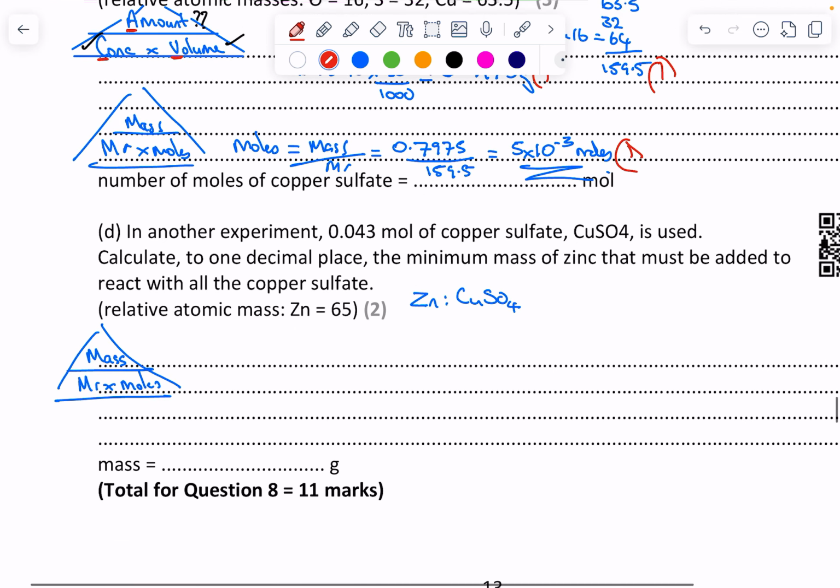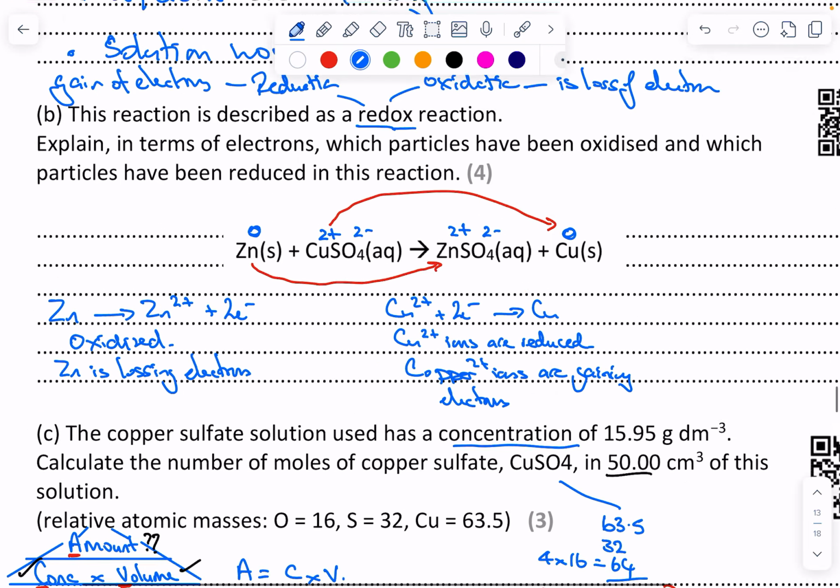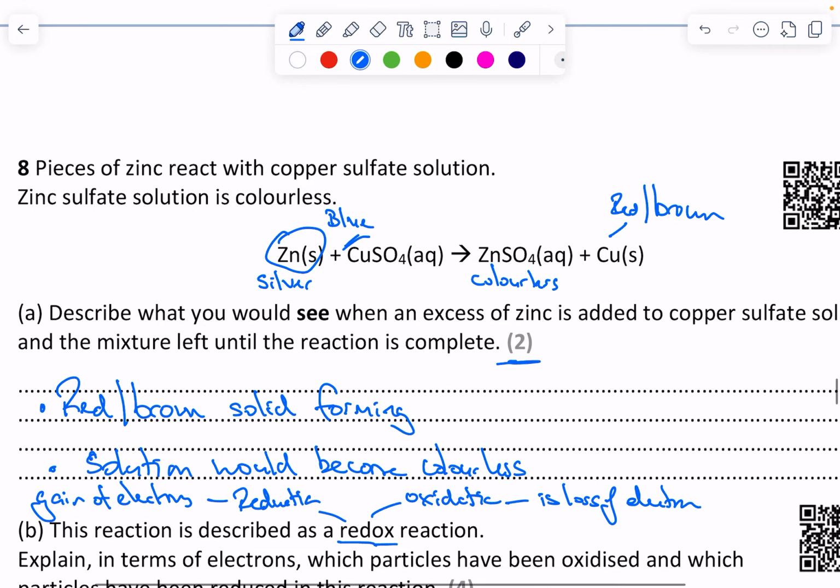Okay, this next question, in another experiment, we have 0.043 moles of copper sulfate. Calculate the minimum mass of zinc that must be added to react with the copper sulfate. So if we come back up to the equation one moment, we are reacting zinc and copper sulfate. That's a 1-to-1 ratio.